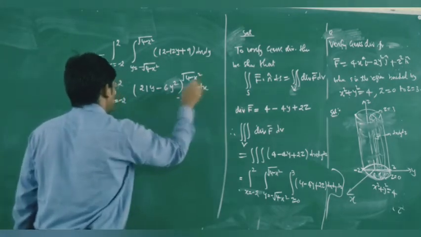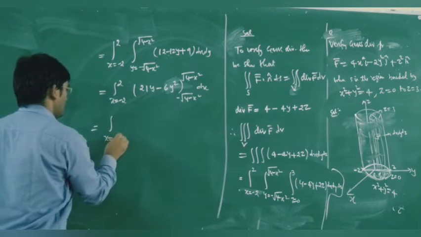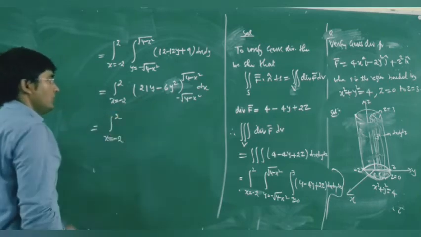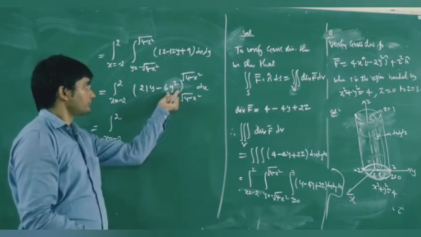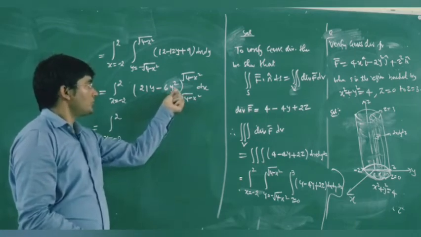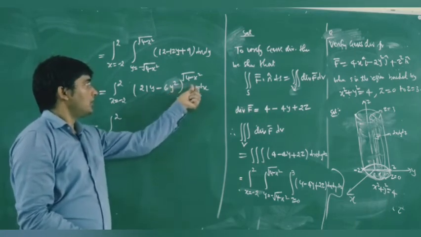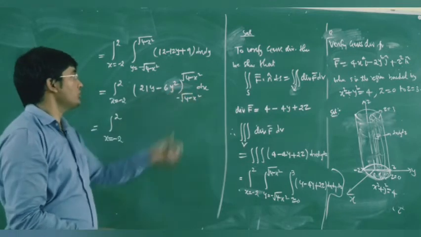Then integration with respect to x, from x equal to minus 2 to plus 2. Now you can see that this term will be 0, because for both parts the lower limit and upper limit will give 0.